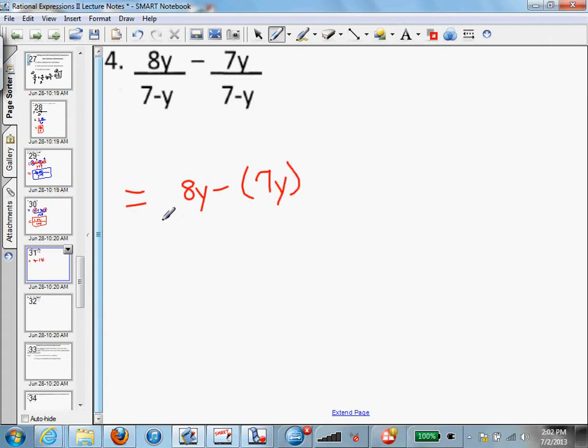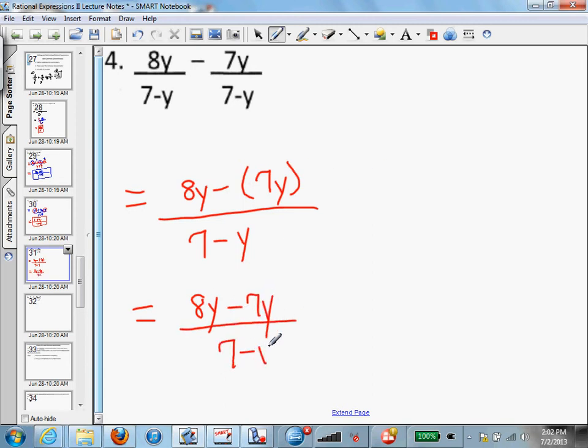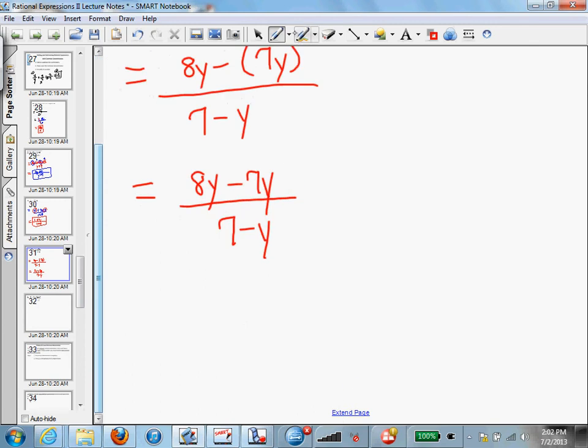In this case, just minus the quantity 7y all over 7 minus y as our common denominator. So we have, when we distribute this negative across, in this case it's really simple because there's nothing continuing this term, so we just have 8y minus 7y over our quantity 7 minus y.